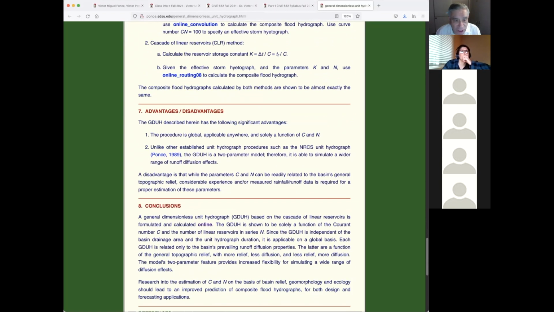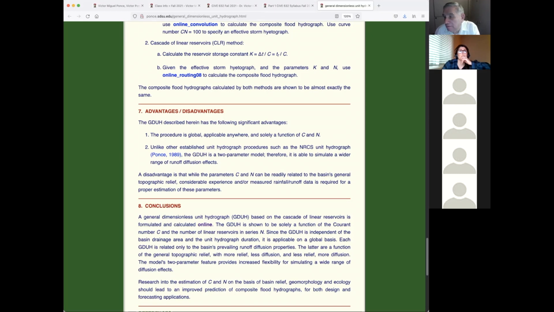So, advantages and disadvantages. The GDUH has the following advantages. The procedure is global, applicable anywhere, and solely a function of CNN. Let me say this, because it needs to be said. When this did not exist 20, 30 years ago, and people had to come up with unit hydrographs, and they didn't like moccasins, nor did they like the other gentleman from the Army Corps, they would hire a hydrologist of reputation, of course, to tell them what to do.